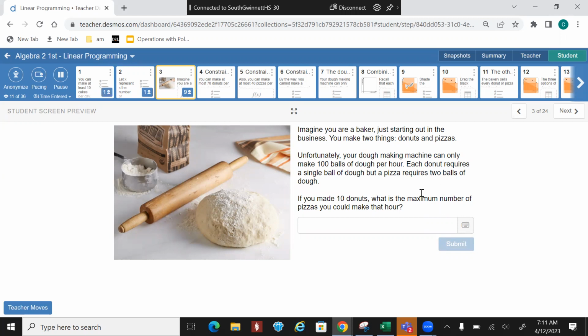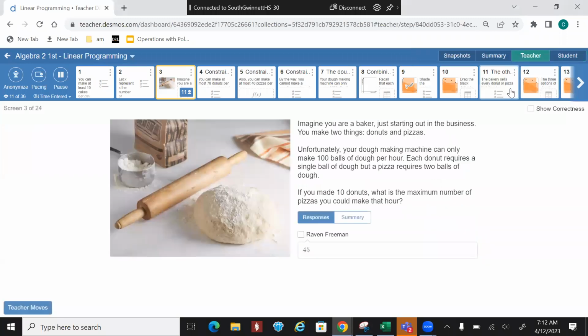Take a moment, try this problem. All right, so how many pizzas can you make in that hour? Go ahead. He says 45.